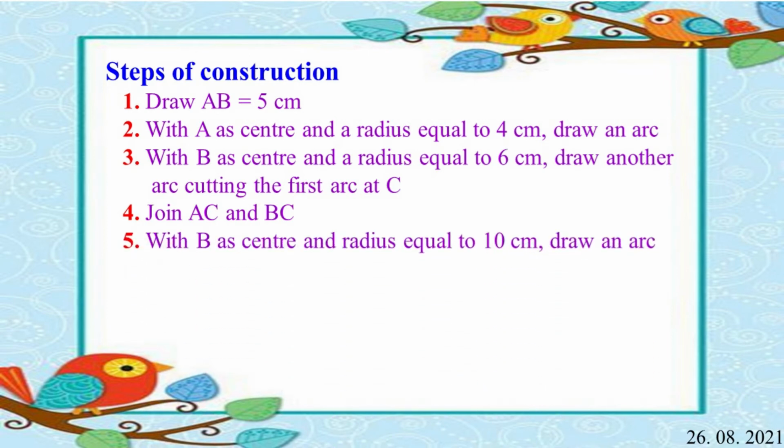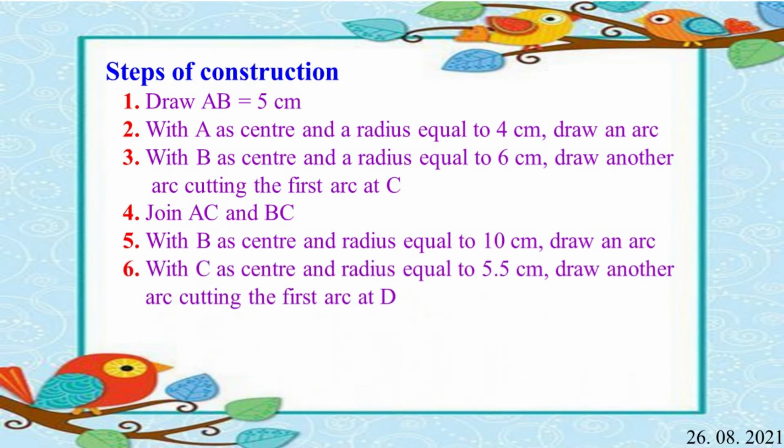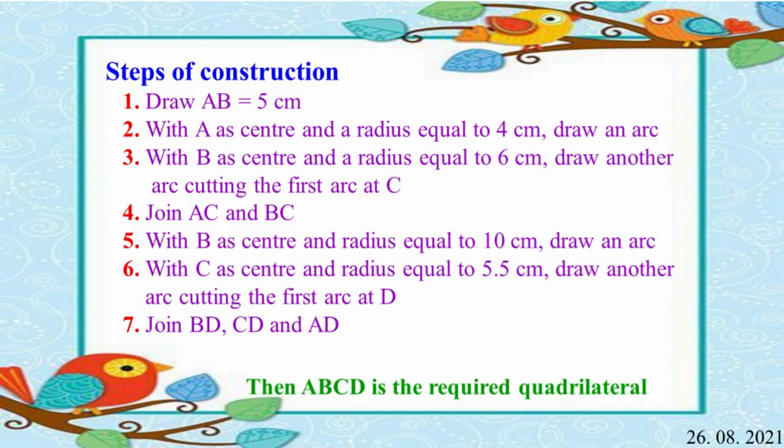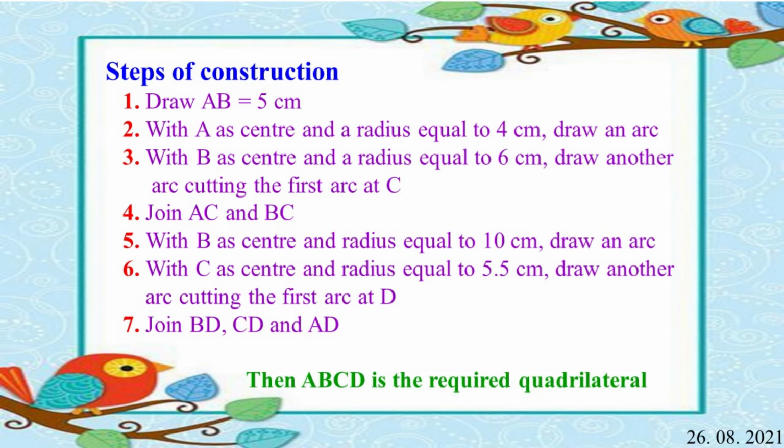Fifth step, with B as center and radius equal to 10 centimeter, draw an arc. Sixth step, with C as center and radius equal to 5.5 centimeter, draw another arc, cutting the first arc at D. Seventh step, join BD, CD and AD. Then ABCD is the required quadrilateral.